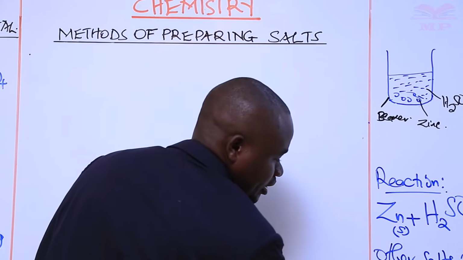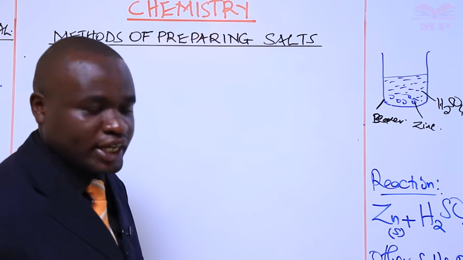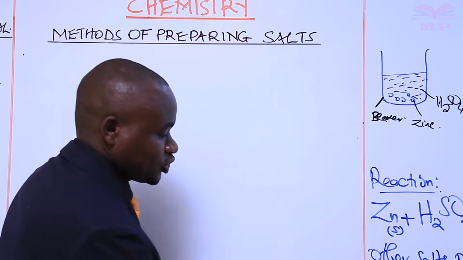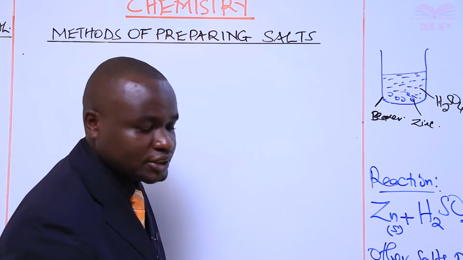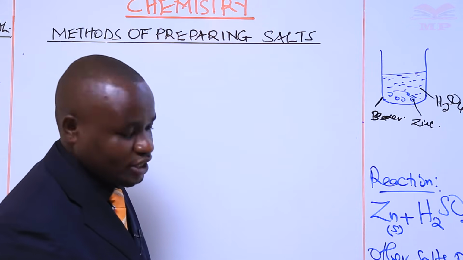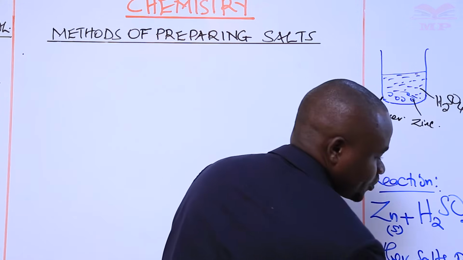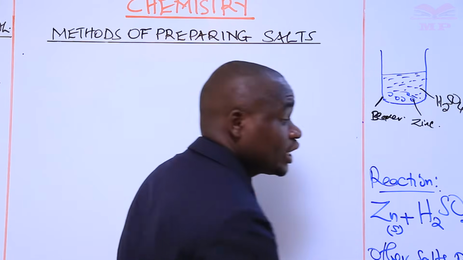From the name zinc nitrate, you can tell the acid we are using. From the word nitrate, it means we are using nitric acid. From the word chloride, it means we are using hydrochloric acid.